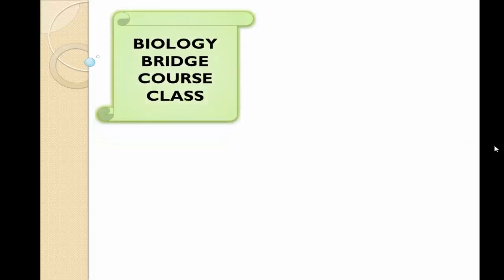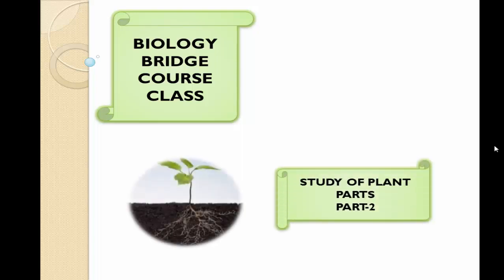In this video, I am going to discuss the types of root systems which are observed in angiospermic plants or flowering plants. In the previous video, I explained the different parts of the angiospermic plant body.